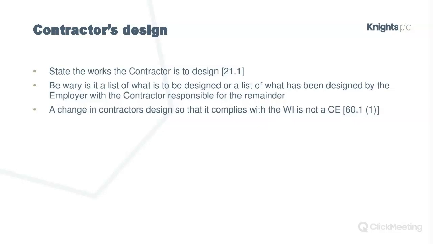Now, if as a contractor or subcontractor you're not carrying out any design, what I really like to see is a clause in the contract, so a Z clause, saying very, very clearly that the contractor has no design responsibility and has no liability for any design. Because even if there is no design responsibility, what you sometimes find, if you're guilty of this, is contractors and subcontractors being really helpful and trying to sort problems out when they crop up partway through the works.